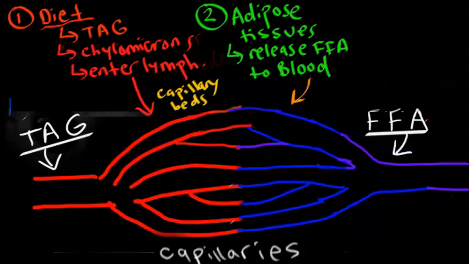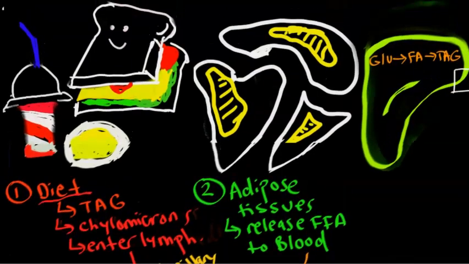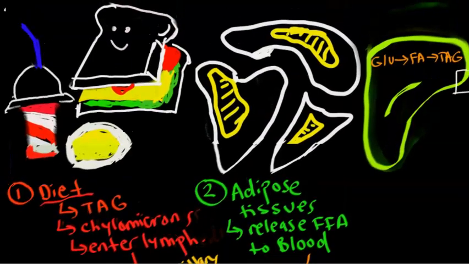And the last way that we can get free fatty acids into the bloodstream is via the liver. So the liver is what actually makes it. The liver is going to take glucose, and I drew it right here, and it's going to convert that glucose into fatty acids, and then into triacyl glyceride.